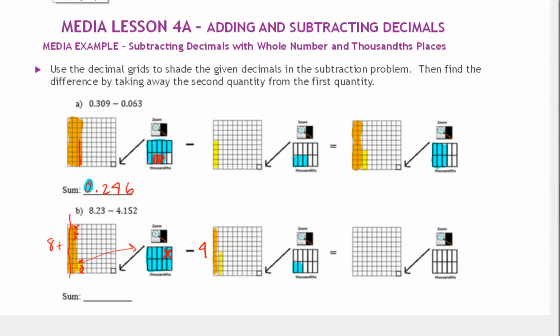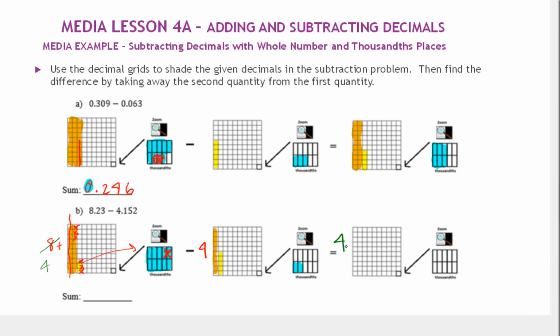Okay. I'm going to change colors for this part. We need to take away 4 ones from 8 ones. So I'm just going to cancel that out. 8 minus 4 is 4. So when we take away the 4 from 8, we'll get 4. So our final result, you can see this is getting a little messier now. That's why we like the place value method better.